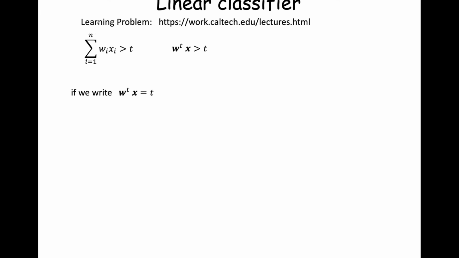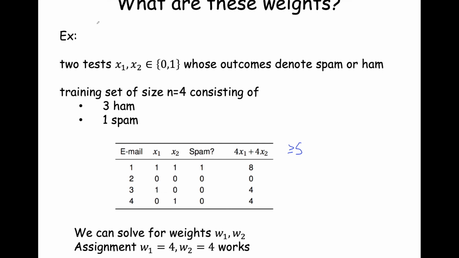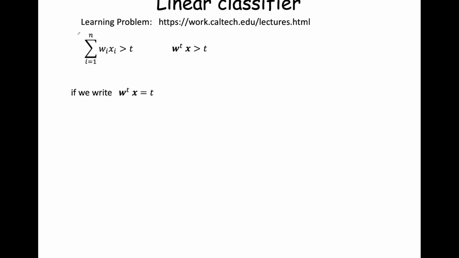Now, in this formula, we've assumed that we have more than 2. I'm just showing you for 2, but we're generalizing what this linear classifier is doing. And so we take that weighted sum or linear combination, and we add them up, the weights times the individual features, these indicator functions, and we check to see if they're greater than a threshold.